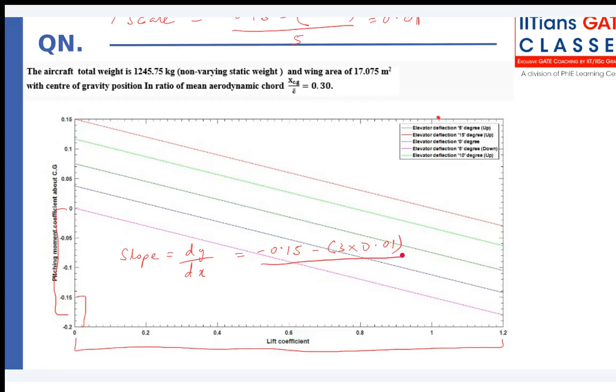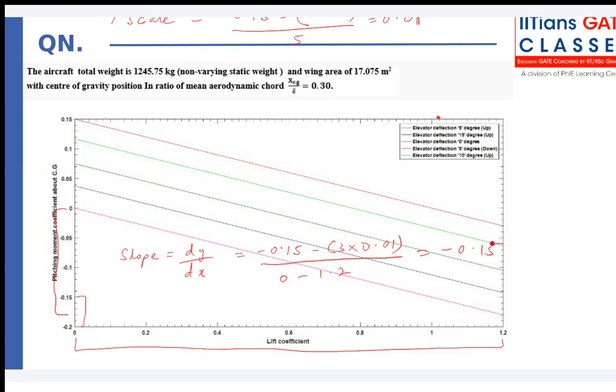Dx is fairly straightforward, correct? So it's just 0 minus 1.2. So what do we get? We get minus 0.15. Correct? So now we'll plug it into this equation.